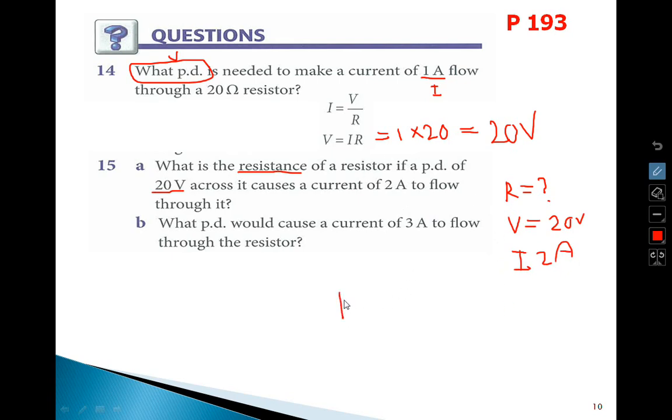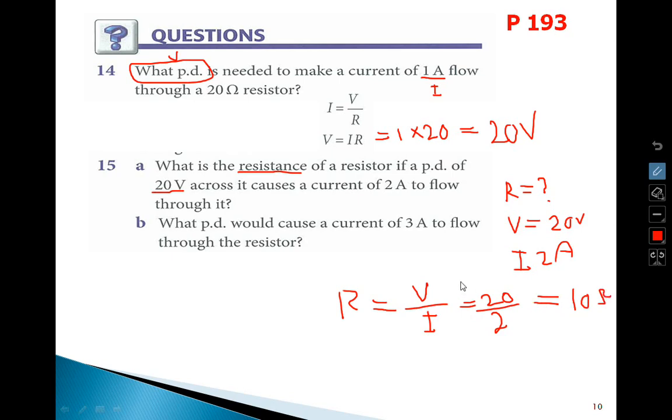R is equal to V over I. V is 20 and I is 2, so the value of R is equal to 10 ohm.